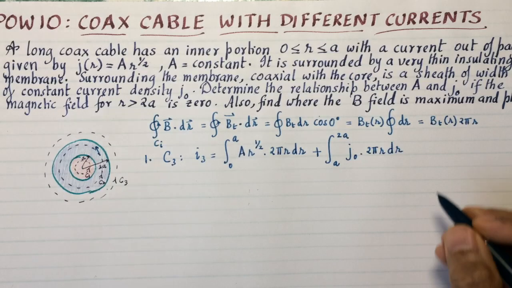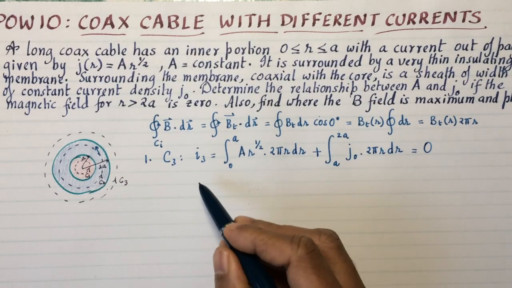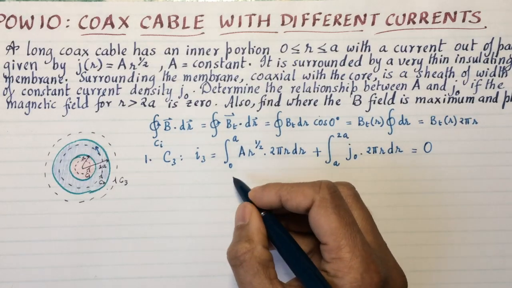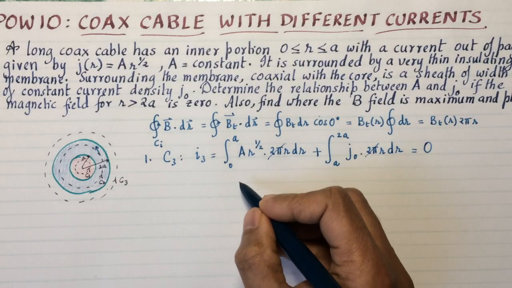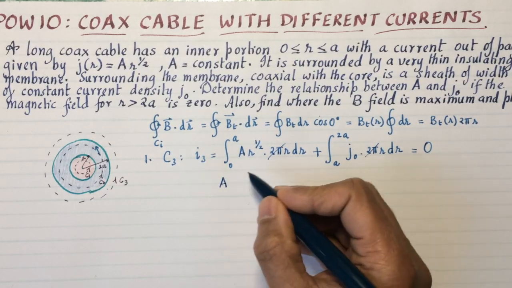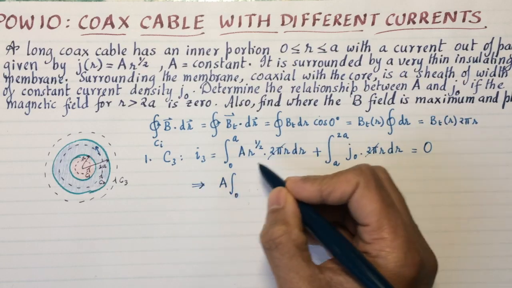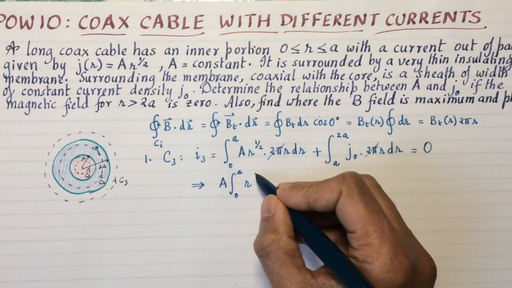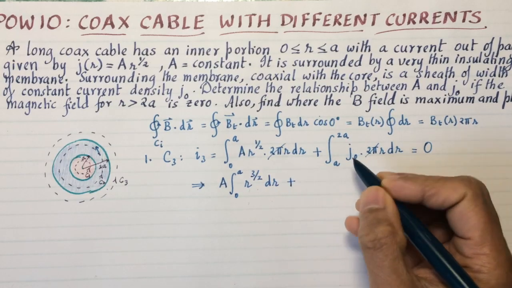So let's try to solve this. We need to set this equal to 0 because the net enclosed current has to be 0 for the magnetic field to be 0 outside. 2 pi cancels out on both sides. So I have A, I can take out, integral 0 to a, r to the power 1/2 plus 1, 3/2, dr. And here I can take out a J0.